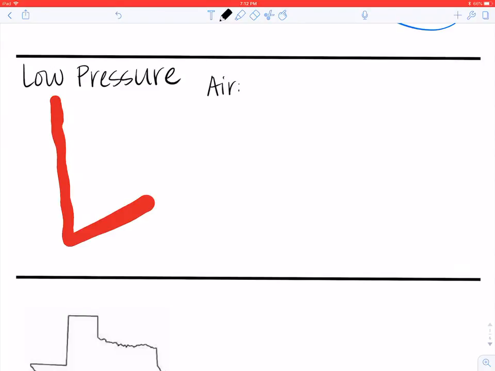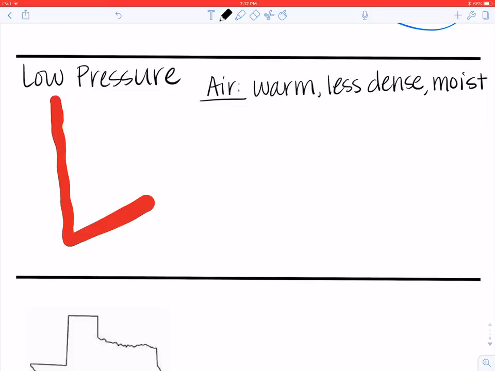We've already talked about some characteristics of air in a low pressure system. The air tends to be warm and rises. It rises because it is less dense. Low pressure air also is very moist. That means there's a lot of moisture in the air. The air is very wet.